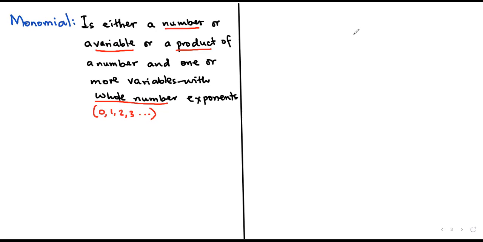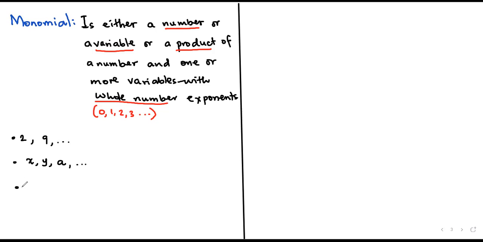Let's get some examples to understand this very well. So we said that it is either a number. So this means that if I have, let's say, 2, this will be a monomial. Let's say I have 9, this will be a monomial, and many others. Then we say that it can be a variable. So it can be, let's say, x, it can be y, it can be a, and many other variables.